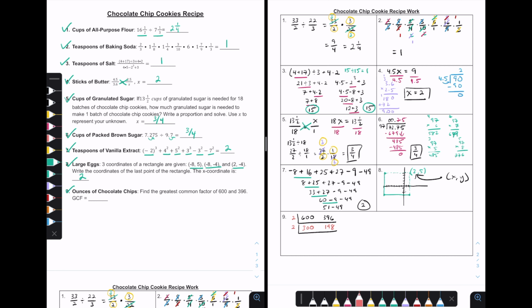That's going to be 150. Is this 99? Half of 200 is 100, so half of 198 must be 99. 3 times 50 and 3 times 33. Multiplying these, we get our GCF of 12. So 12 chocolate chips, ounces.